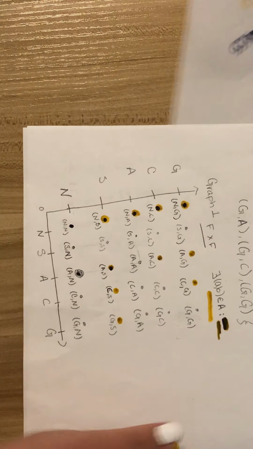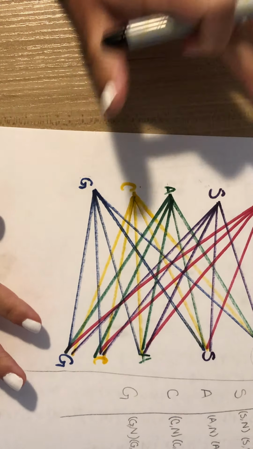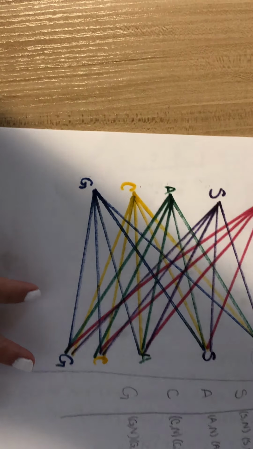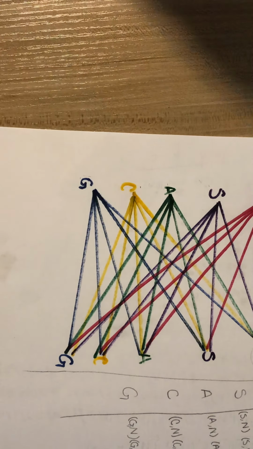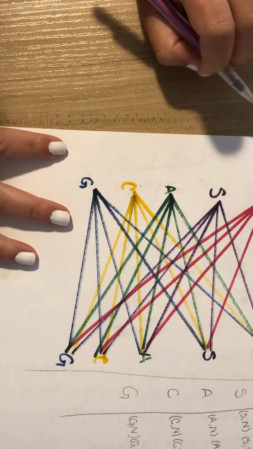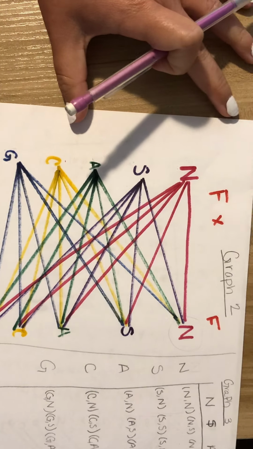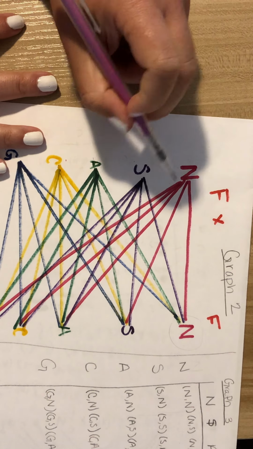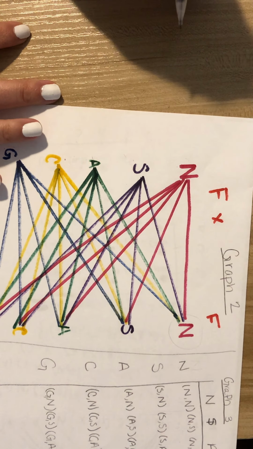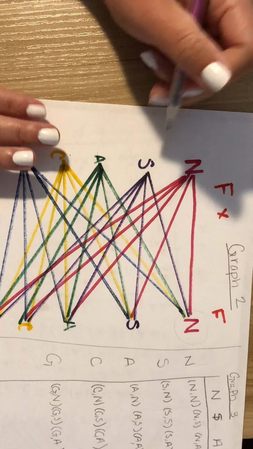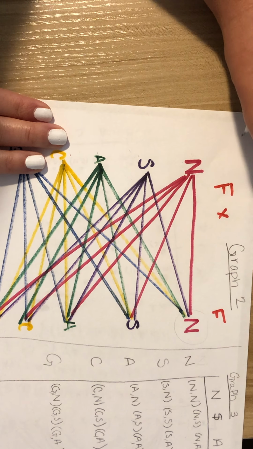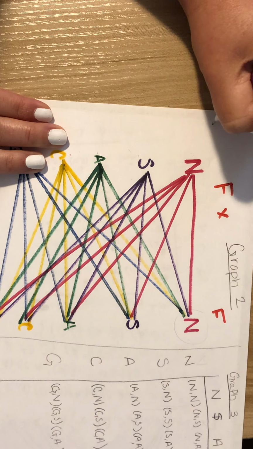Now, this one's a little bit trickier, but I think we can do it. I will use this pencil to circle any line that would represent an ordered pair that is in subset A. Okay, so notate that here.